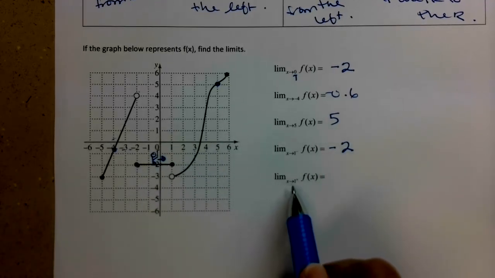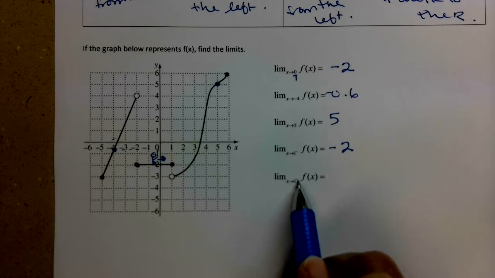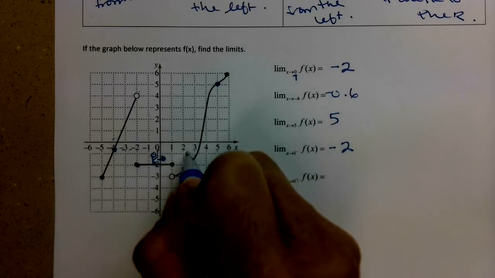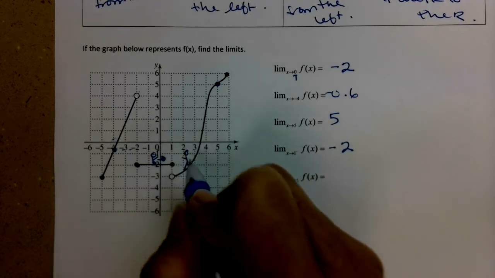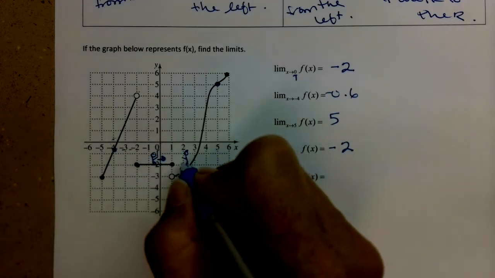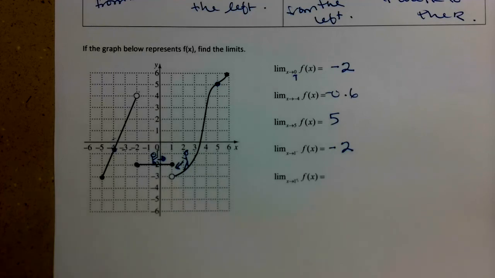Exactly. So let's do the next one: the limit as x approaches 1 from the right, with that little plus sign there. So now I get on my graph to the right of 1, and I'm walking to the left, towards x equals 1. What is happening to those y values?